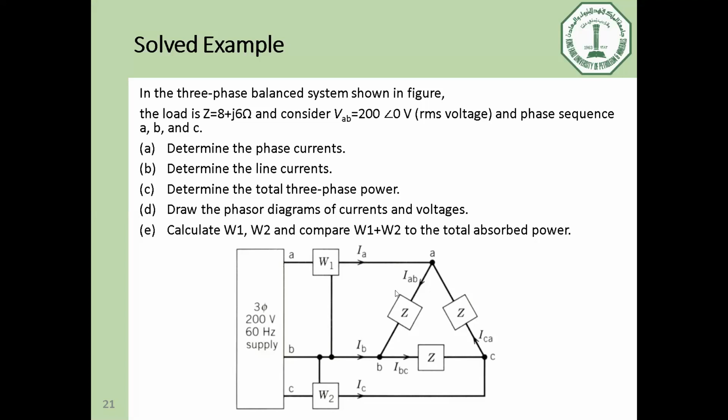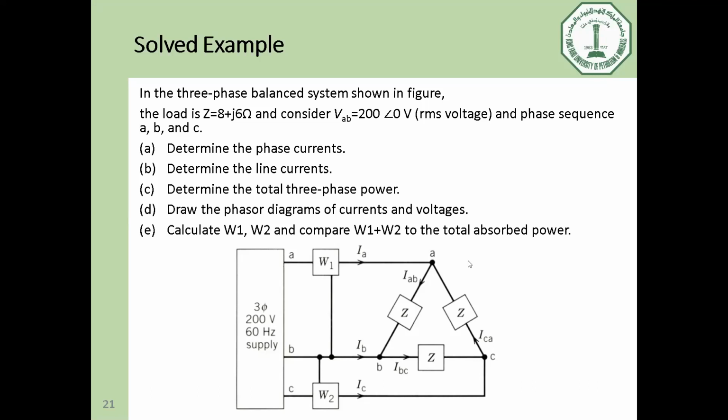IA equals IAB minus ICA. Exactly. This is right.